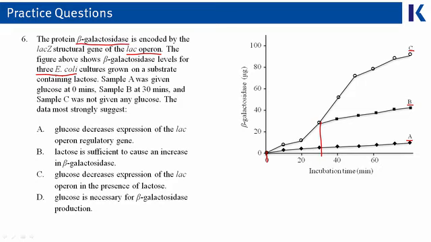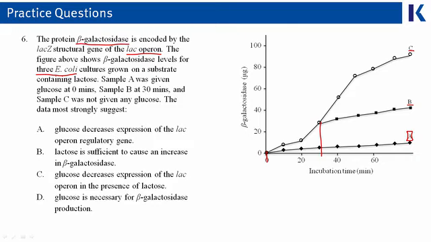So here's the first question. Now that you know what this diagram represents, what seems to happen when we add glucose to the culture? When we add glucose to the culture, beta-galactosidase stops getting made. For sample A, we see that beta-galactosidase never really gets made. We're told that it always has glucose.